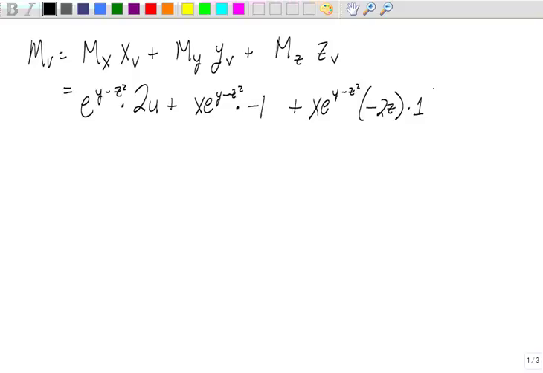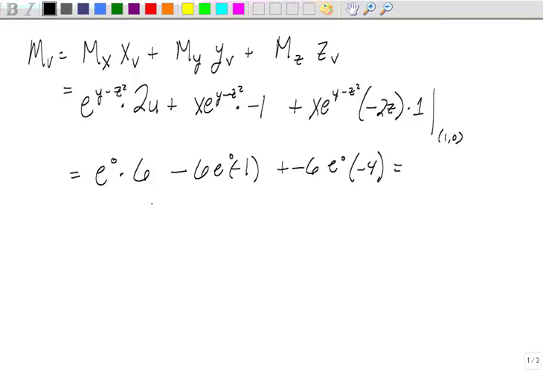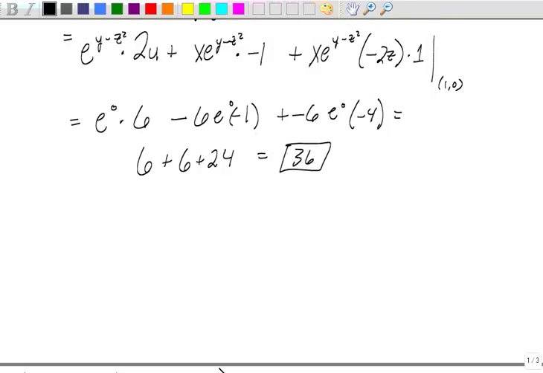And when we plug in the point (1, 0), that's e to the 0 times 6 minus 6 e to the 0 times -1 plus -6 e to the 0 times -4, and that's 6 plus 24, and that's 36. Okay, 30.